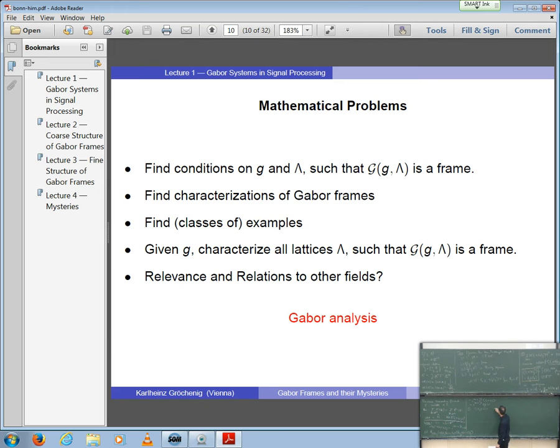So this is modulation by eta, e to the 2 pi i eta t times f of t, writing down the modulation, and then we shift by u. So I have t minus u, f of t minus u. This part does not depend on t, so it's e to the minus 2 pi i eta u.